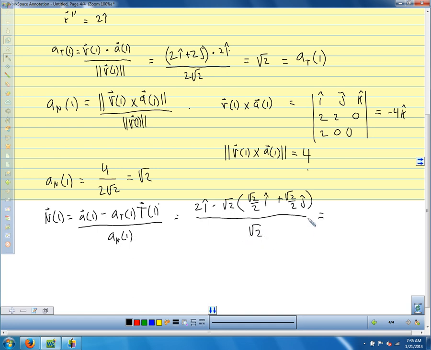And when I simplify that all out, I get the square root of 2 over 2 i minus square root of 2 over 2 j. And that's my principal unit normal vector at time equals 1. And this is a much easier calculation than finding t prime over the magnitude of t prime and evaluating that at t equals 1.